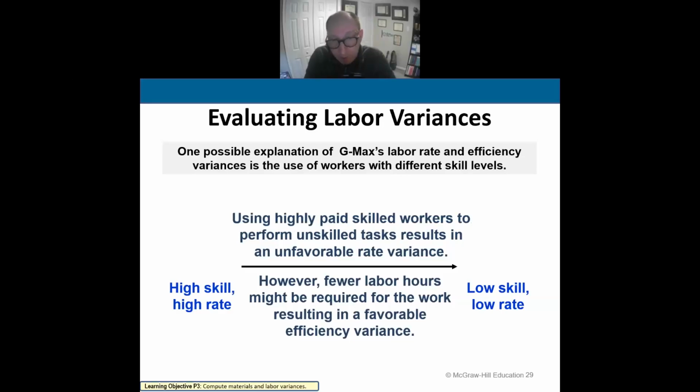Even though they were able to do more in less time, it's still an unfavorable rate because of the 50-cent difference. So there's a couple of reasons why that could happen, but this just explains one of the reasons for an unfavorable rate variance.